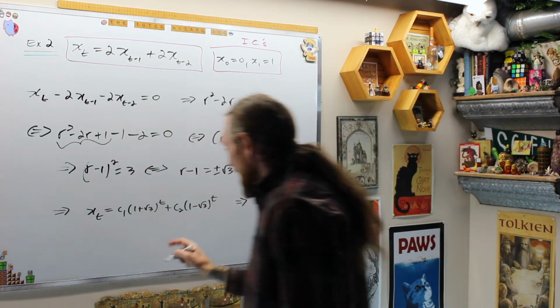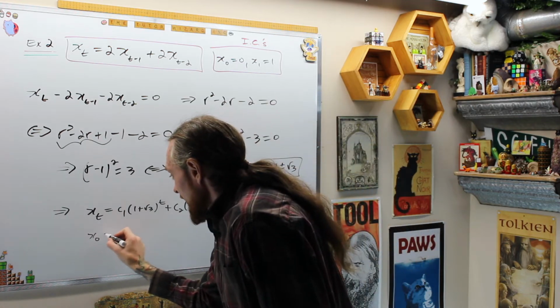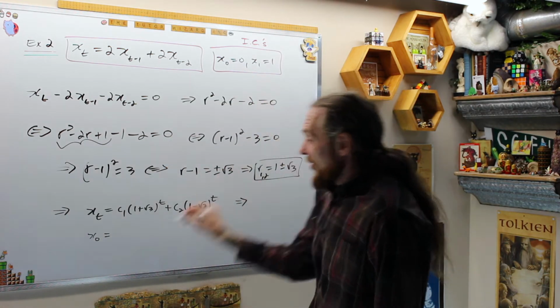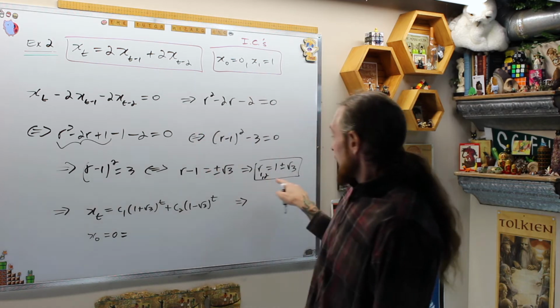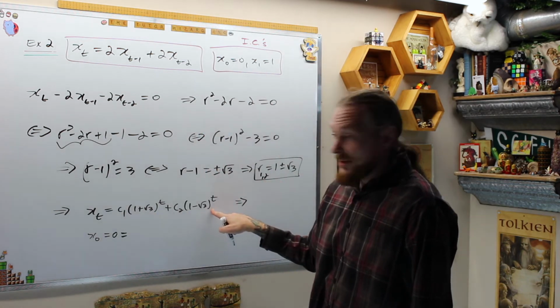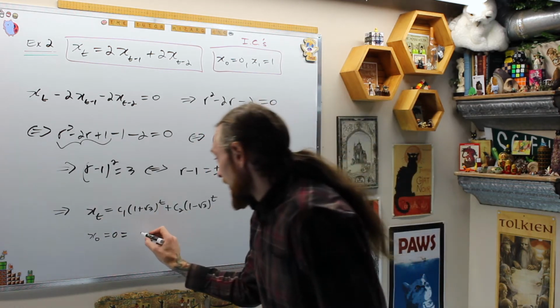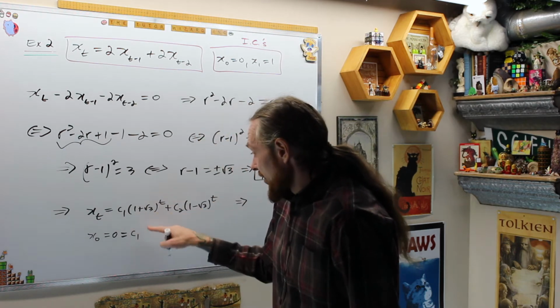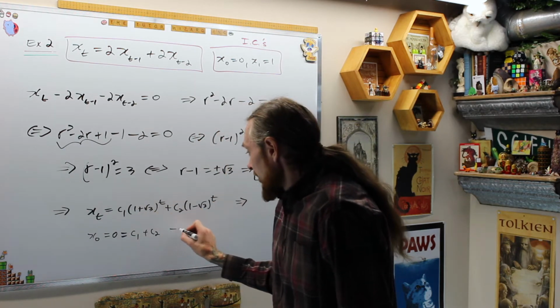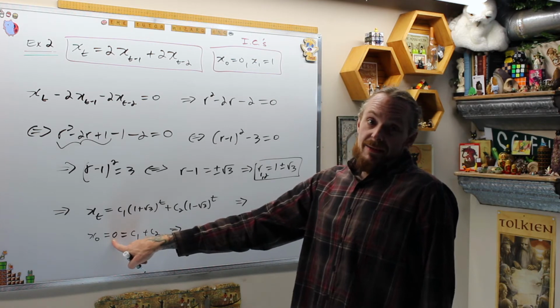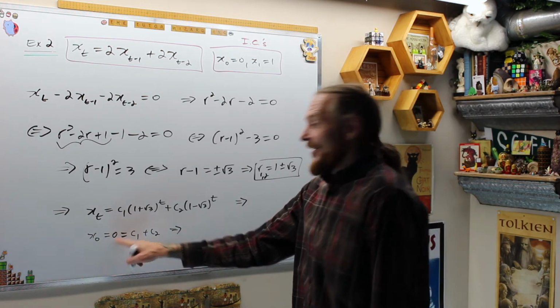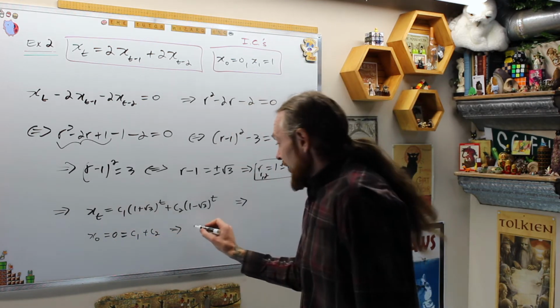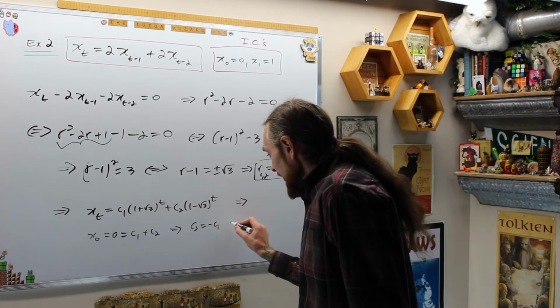And then what are we going to get from this? x0 tells me that what? I put 0 in there, and then I use the clever formula that I just got, putting 0 into here. That's going to give me c1, this number to the 0 is 1, plus c2. Oh good, this is really nice, by the way, when x0 is 0. That says that they're negatives of each other. c2 is negative c1.